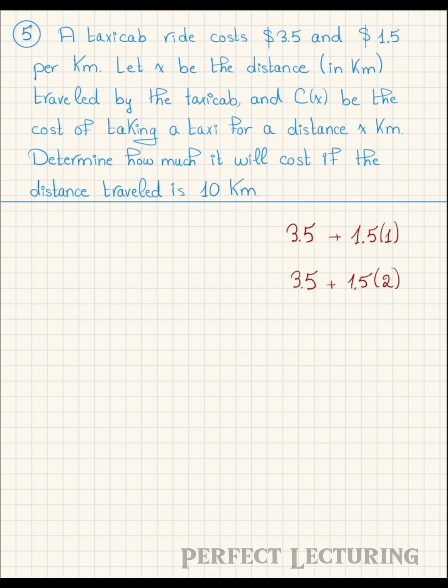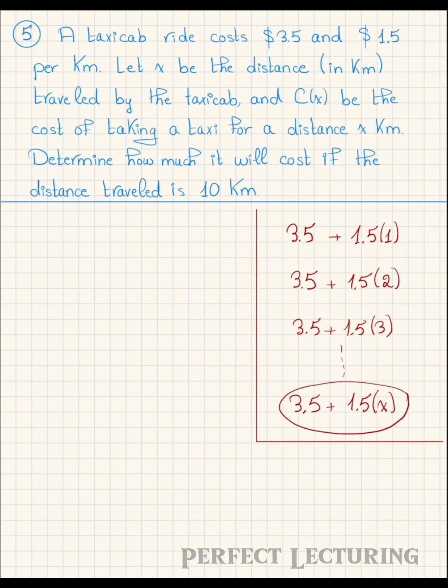What about 3 kilometers? It'll be 3.5 plus 1.5 times 3. And so on. So this means that if I travel x kilometers, I must pay 3.5 plus 1.5 times x. And that's the expression for c of x. And as you can see, it is a linear function. So we conclude that c of x is equal to 3.5 plus 1.5x.